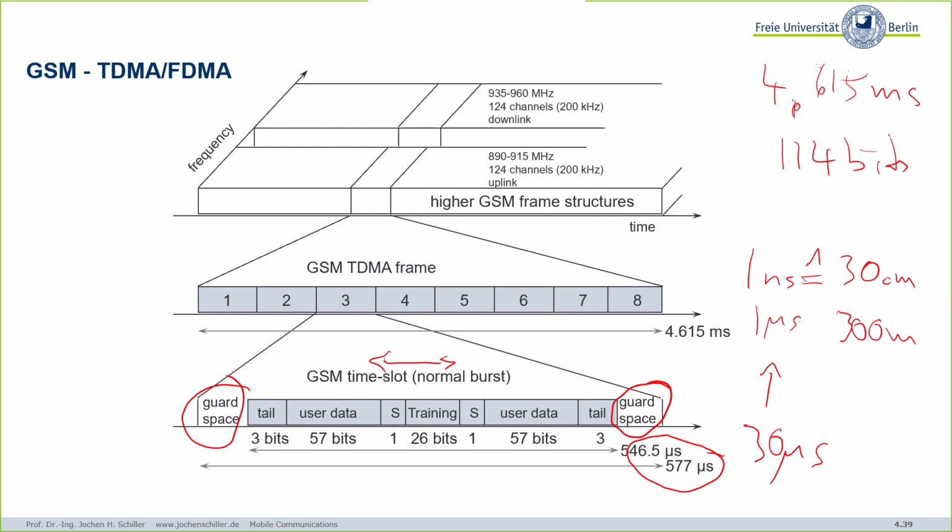So 114 bits of user data inside a slot. And we repeat this slot every 4.615 milliseconds.